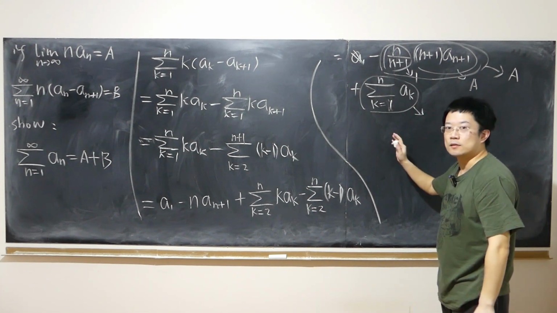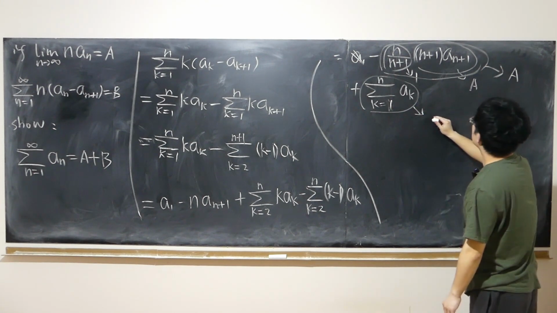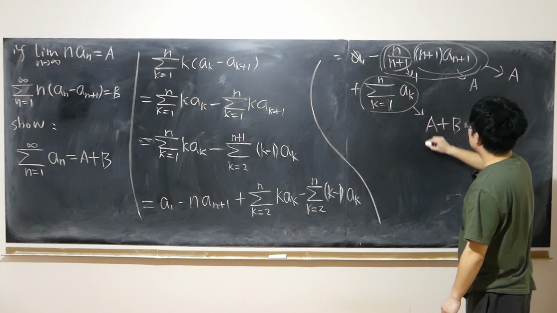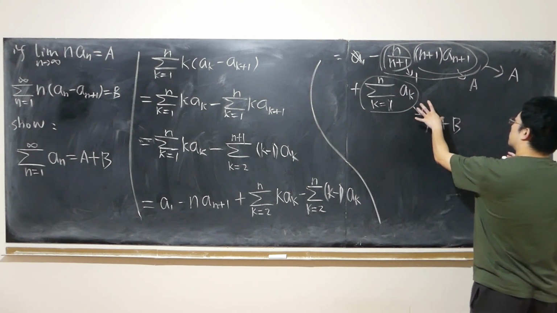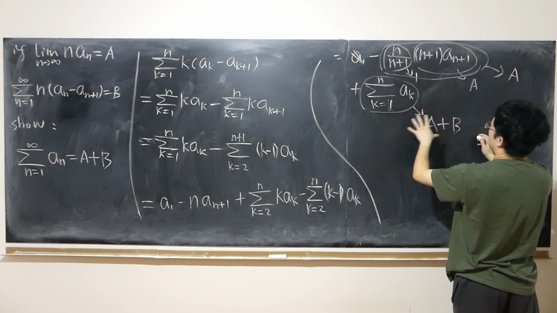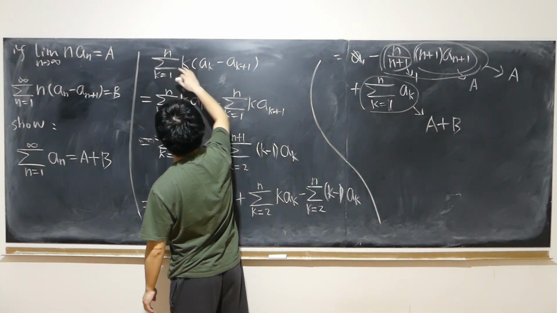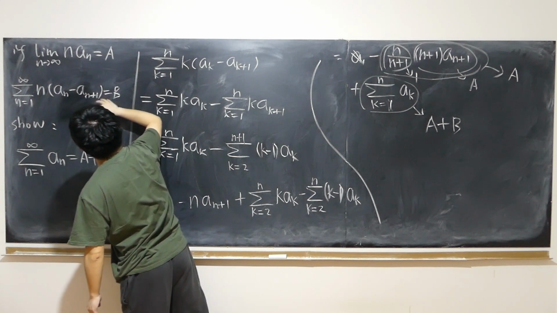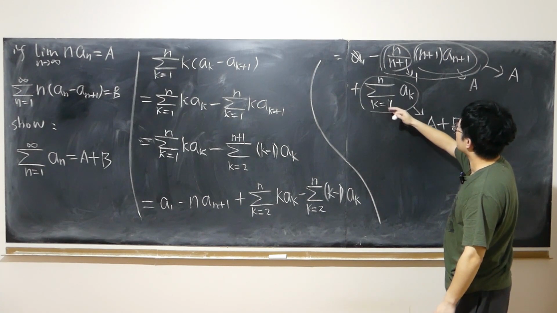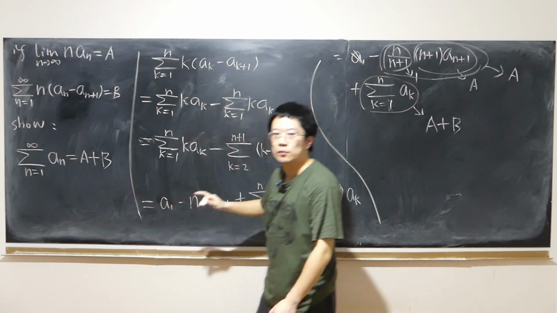The only possibility is that this sum is also convergent, and converges to a plus b. Because that way a plus b minus a equals b. So really this infinite series from 1 to infinity approaches a plus b.